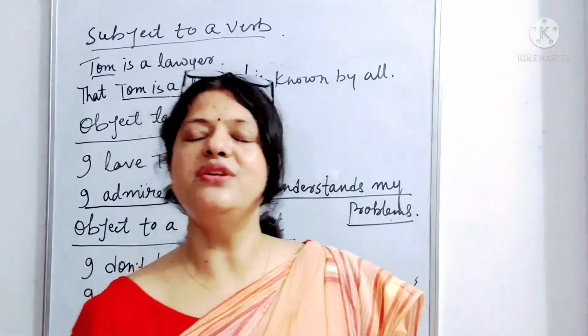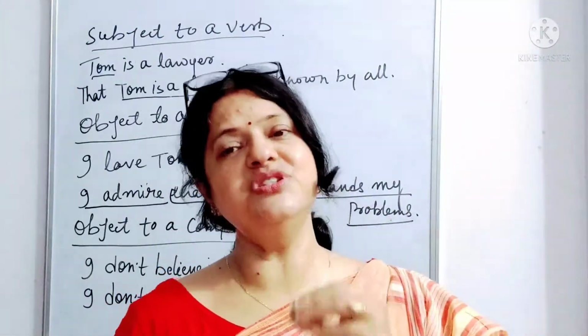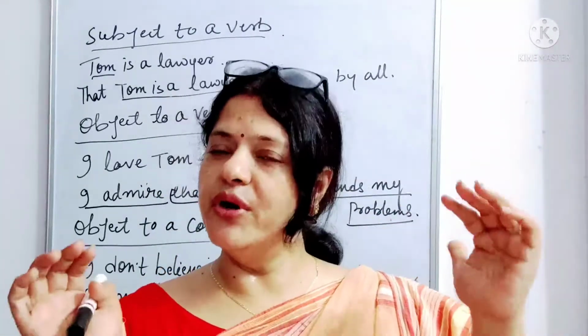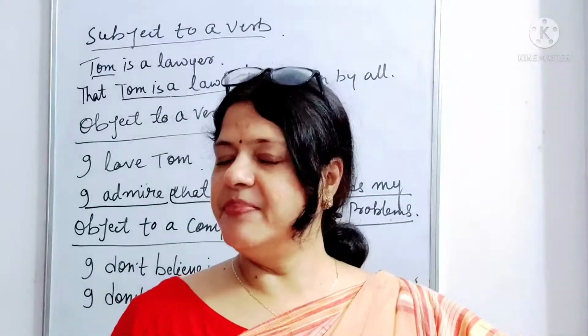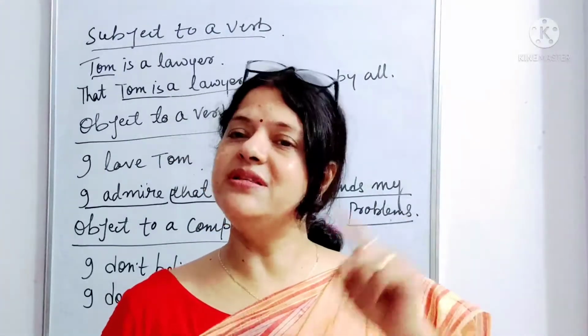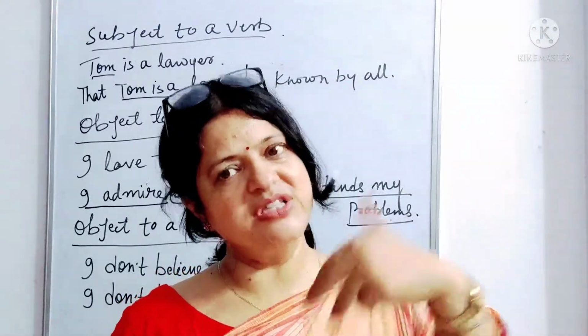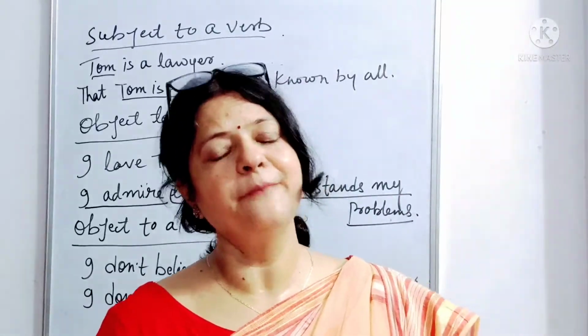Just remember that we use subordinating conjunctions to attach the subordinate clause to the principal clause, because the principal clause always gives us complete meaning, but subordinate clauses always depend on the principal clause for their meaning.